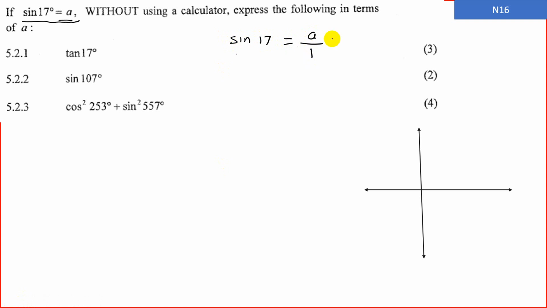The definition of sine is y over r. So we've got the y value and the r value, but we don't have the x value. Tan is y over x, so we need the x value, and we can get that via Pythagoras.